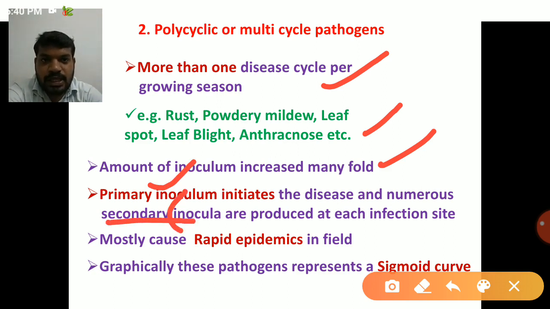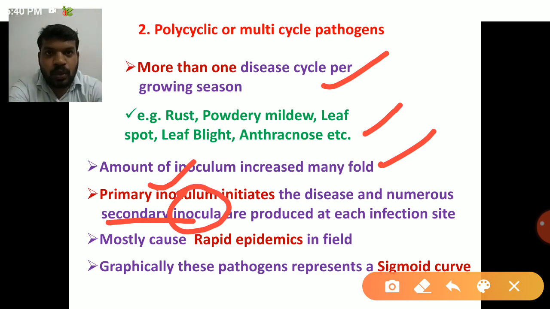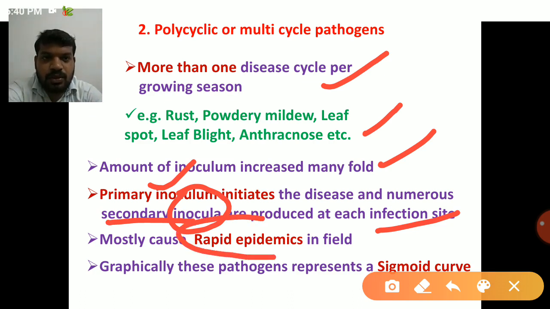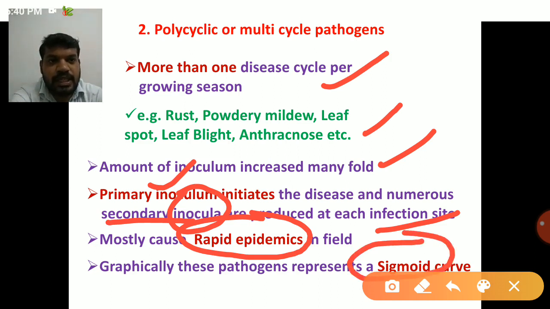Inocula is the plural of inoculum, and they are produced at each infection site. So they mostly cause rapid epidemics in the field. They multiply the disease in a rapid or continuous manner. Graphically these pathogens represent a sigmoid curve, so an increased curve.